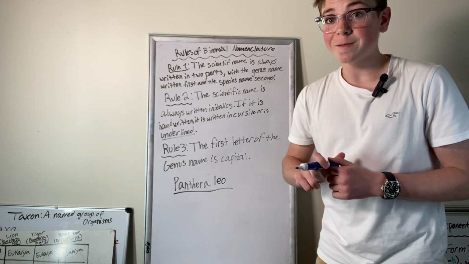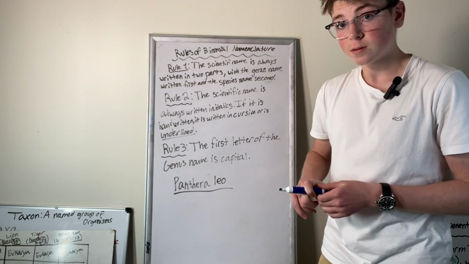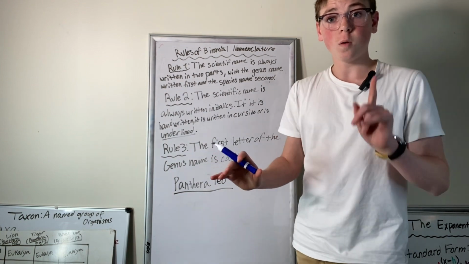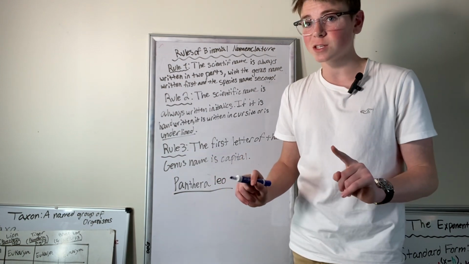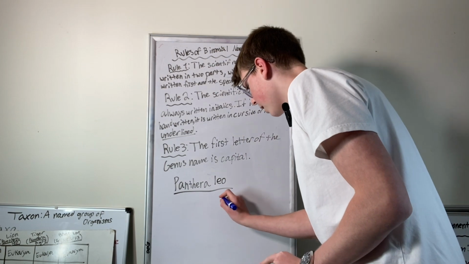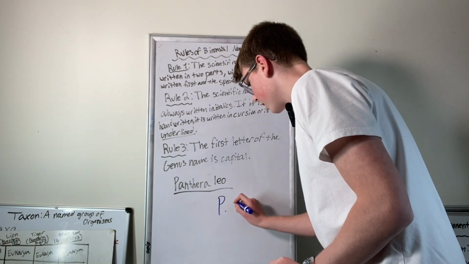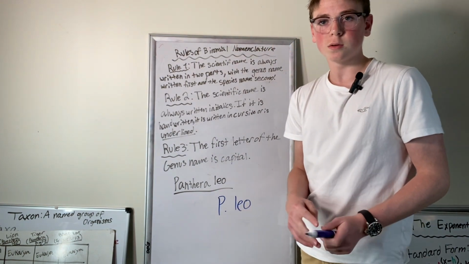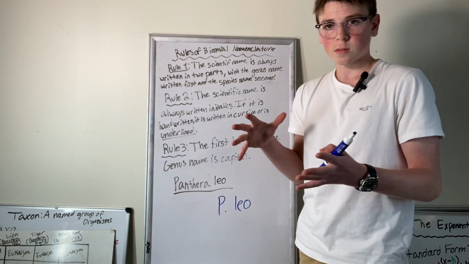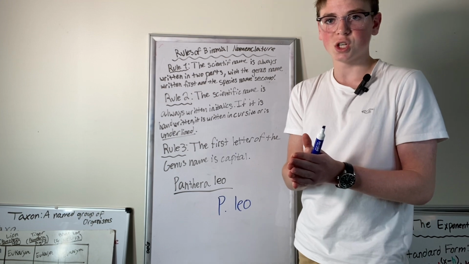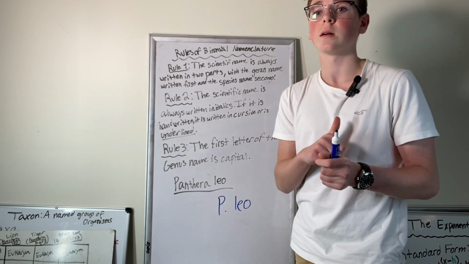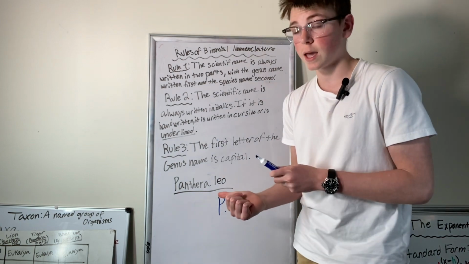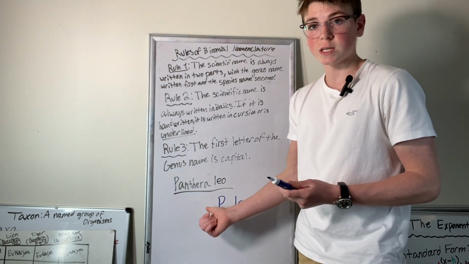And if you've written this out before, like in a source, if Panthera leo is written out in full once, the second time it is written out as capital P, period, leo. Again, the lowercase l. So you just condense the genus name just to the first letter, that capital first letter, period, then the lowercase species name.